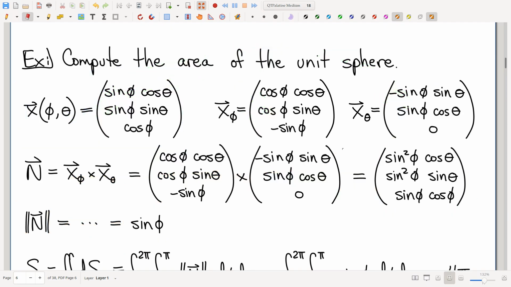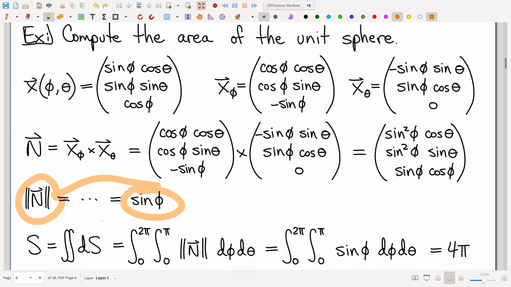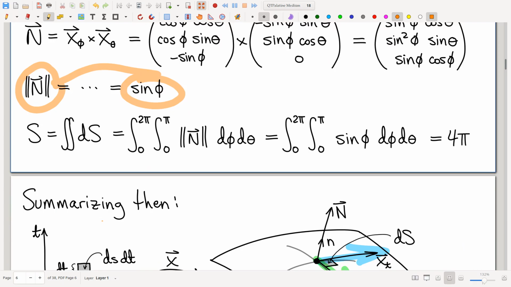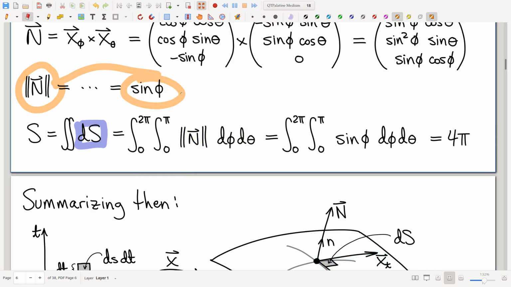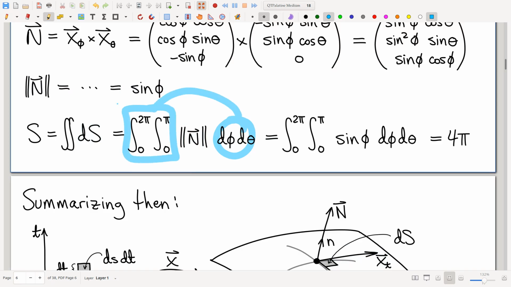And so this magnitude is ultimately all we needed. The magnitude of the parametrized normal vector. And as we promised, if you want to add up all of the little pieces of area, each piece of area is stretching factor times parameter space areas, d phi d theta. Right, we're interested in the whole sphere, and over the entire sphere, phi and theta vary like so.